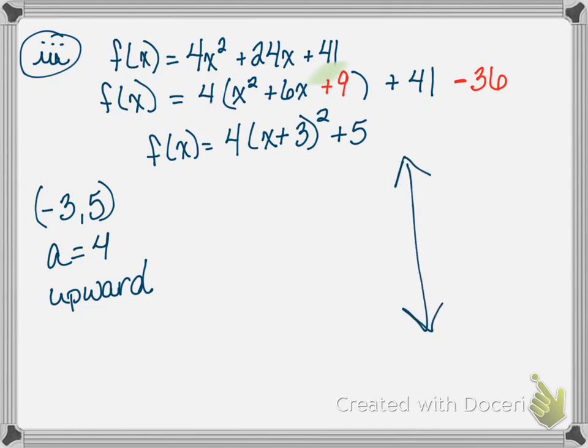So I have negative 3, positive 5, okay, so it's going to be about right here. I should have made this a little bigger, and it goes up like that. And so that is what our graph looks like.